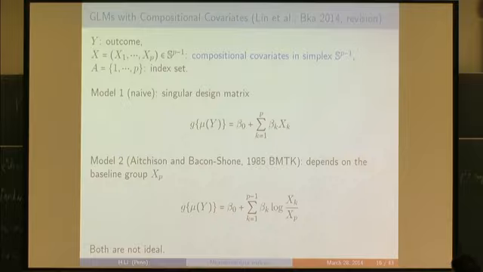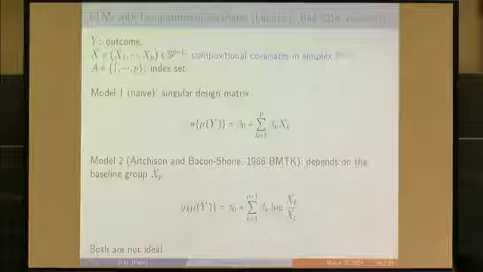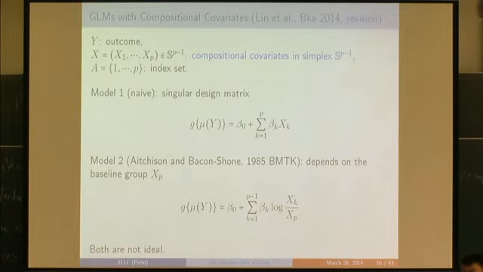The only problem is you have to pick one group, XP, as a baseline in order to compute this log of the ratio. And your result can be different for different XP, particularly when P is large. So if you are interested in variable selection, in selecting which bacteria taxa are related to the outcome, the result may depend on what you put in the denominator.